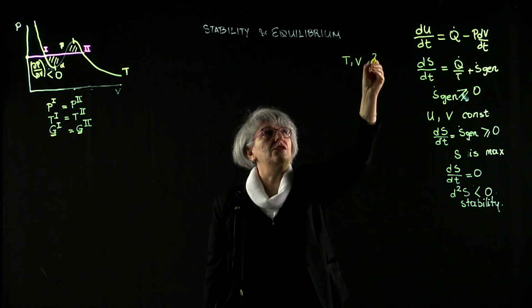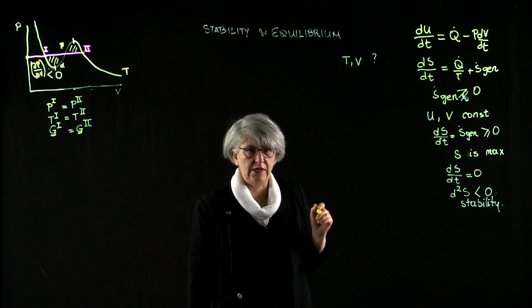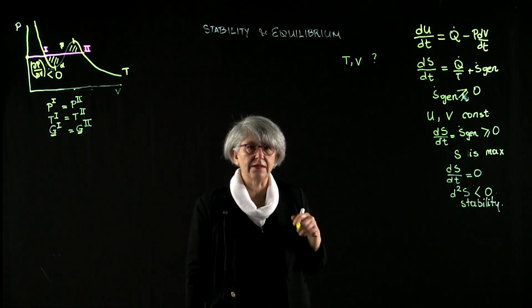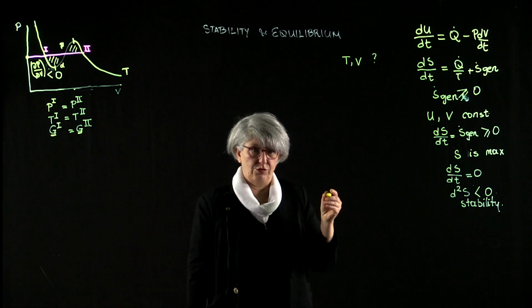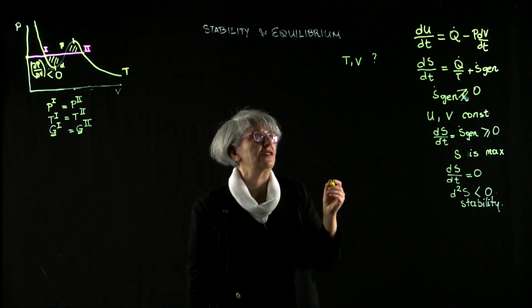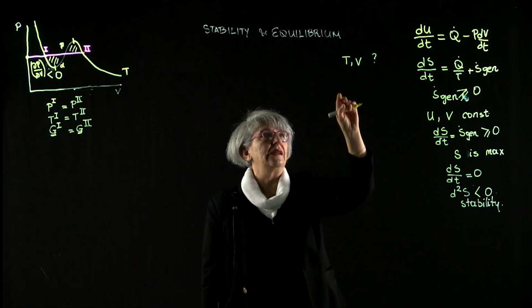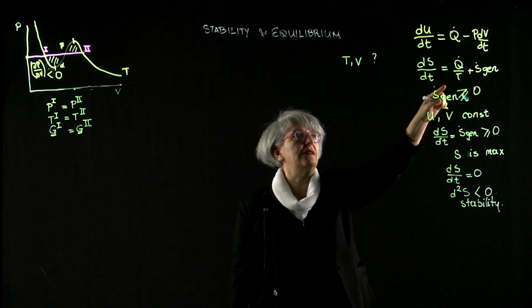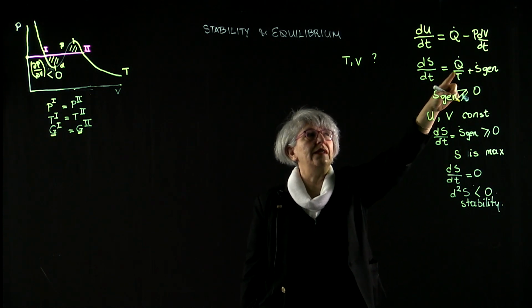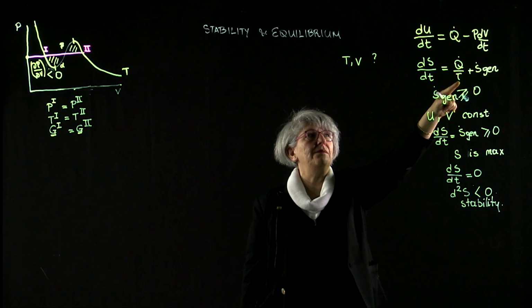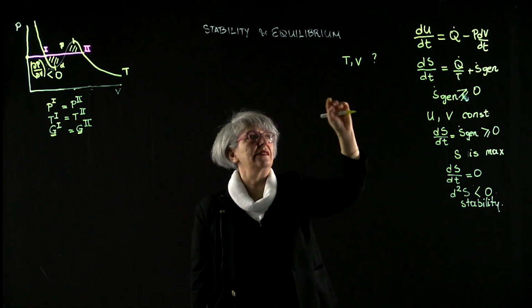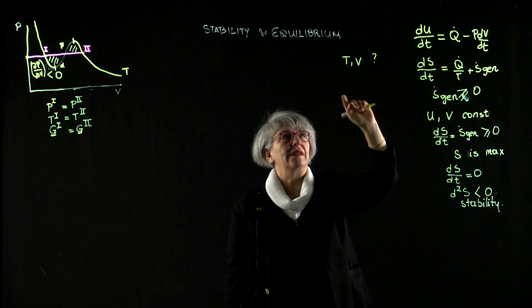In order to keep the system at a constant temperature, we need to provide a heat exchange. As a result, keeping a system at constant temperature requires a heat exchange which can be reflected as T times entropy.